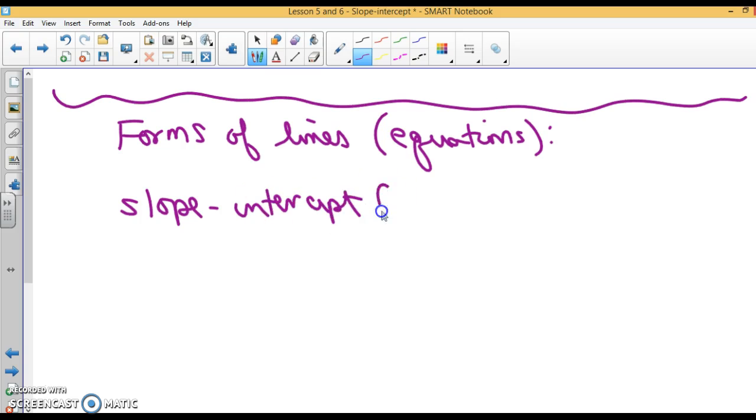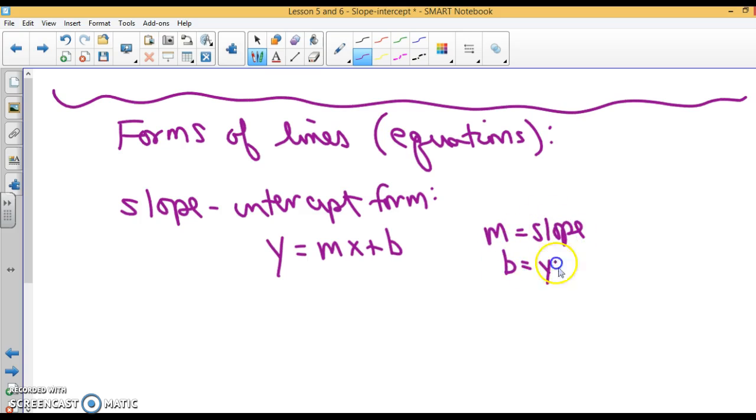The first one is called slope-intercept form. And that is y equals mx plus b. In slope-intercept form, m is the slope and b is the y-intercept. You're going to need to know that.